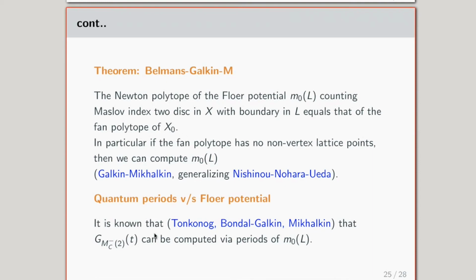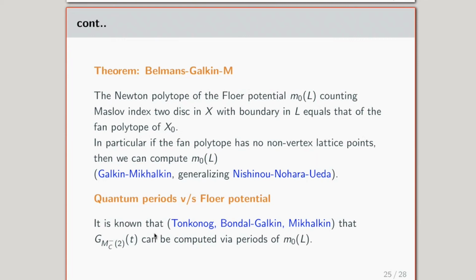The Floer potential is the potential that counts the Maslov index 2 discs inside X, or here in particular inside X0, whose boundary lies in the particular Lagrangian that you chose. What we prove is that the Newton polytope of this Floer potential, which is a Laurent polynomial, will be equal to the Fan polytope of the toric variety.